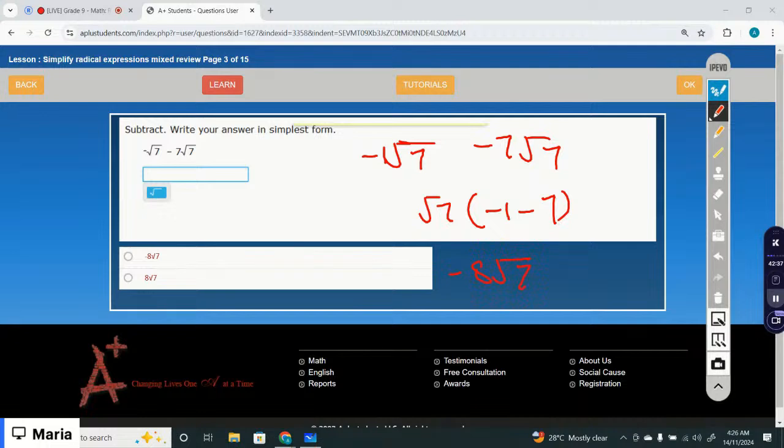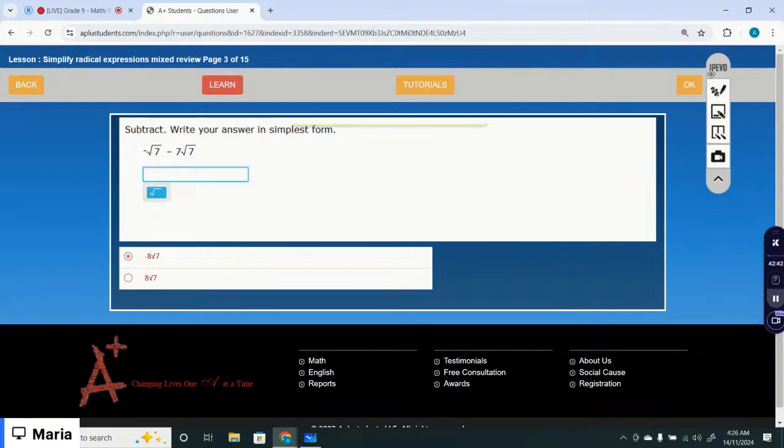The correct option is negative 8 square root 7. Option number 1 is the correct option.